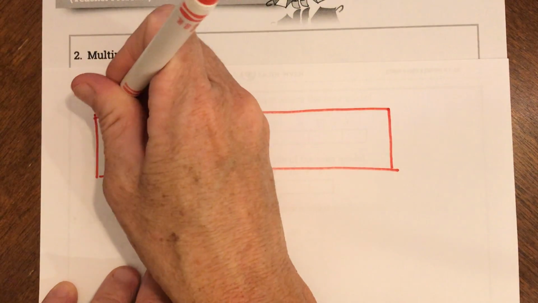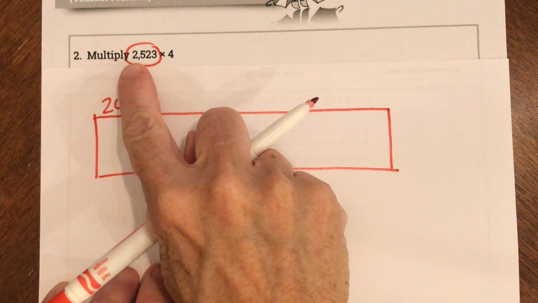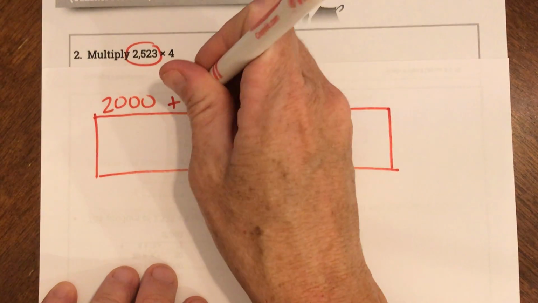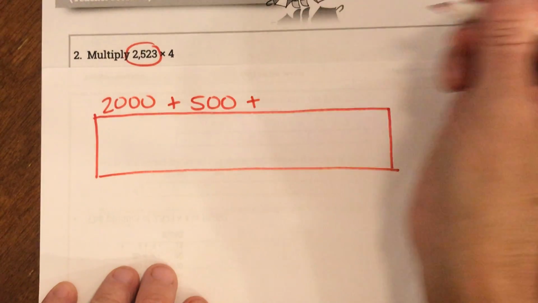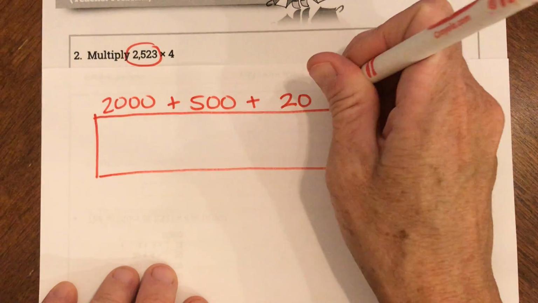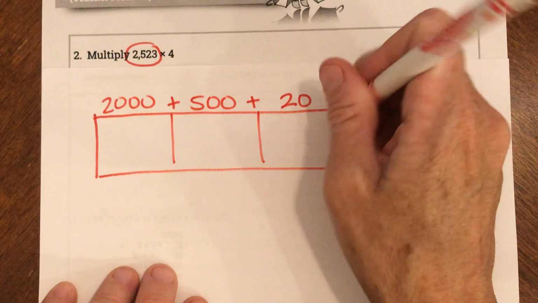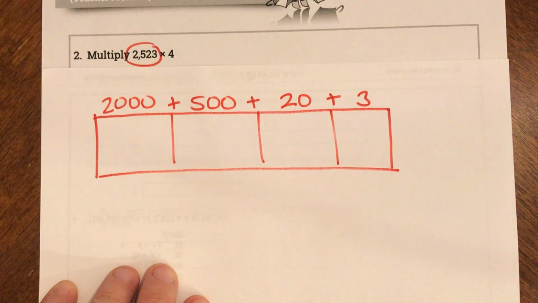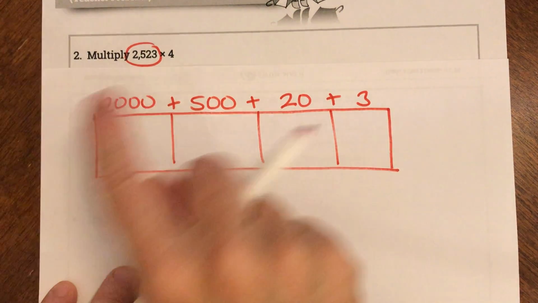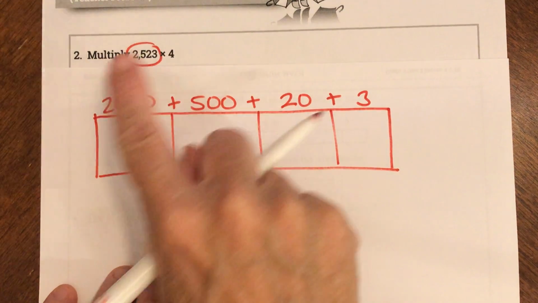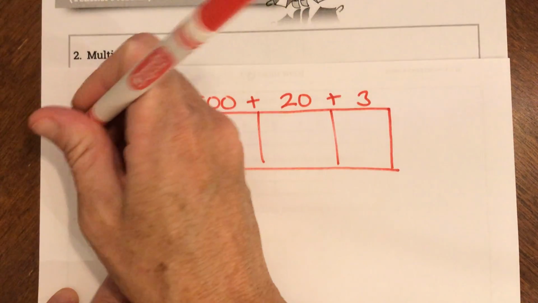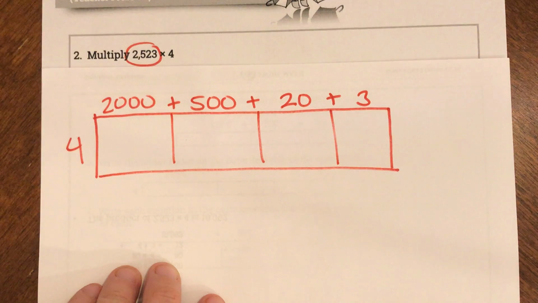And I have 2,000 plus 500 plus 20 plus 3. So I have 4 boxes. Step 3 says write the lesser factor on the outer left side of the area model. Okay, so that's the 4.